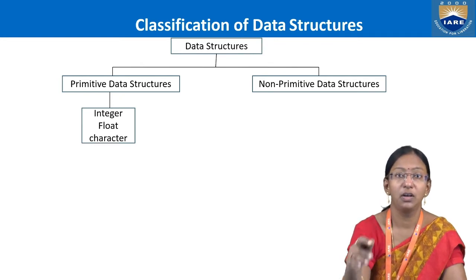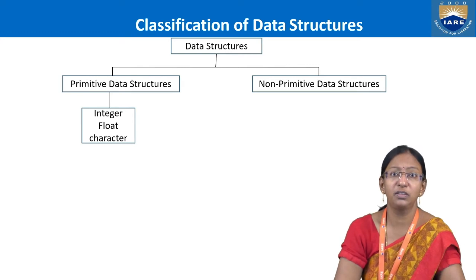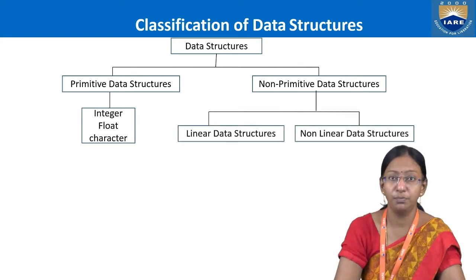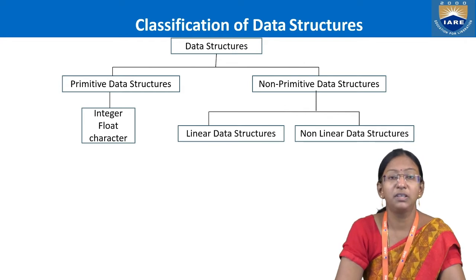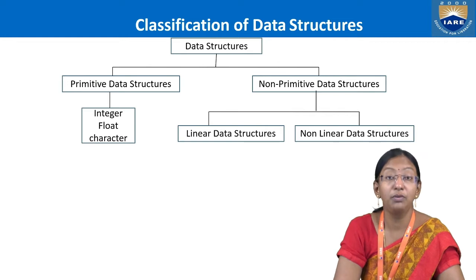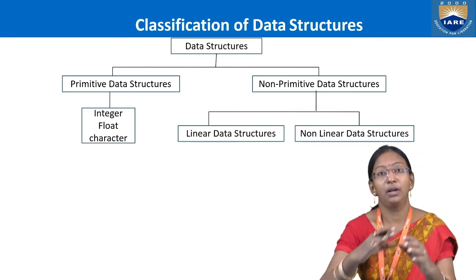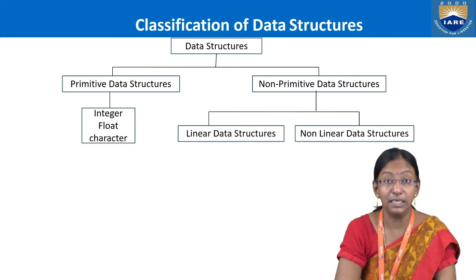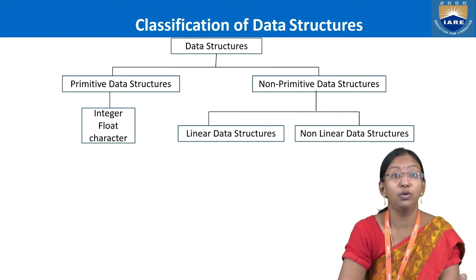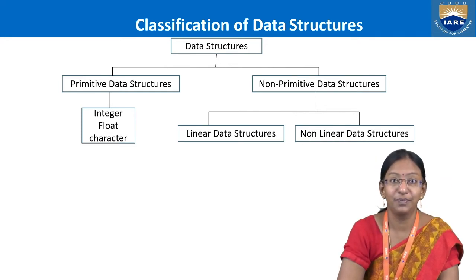data structures. On the shoulders of primitive data structures come our non-primitive data structures. Taking primitive data structures as the backbone, non-primitive data structures come into existence. They are broadly classified into two categories: linear data structures and non-linear data structures. Then what do you mean by linear data structure?